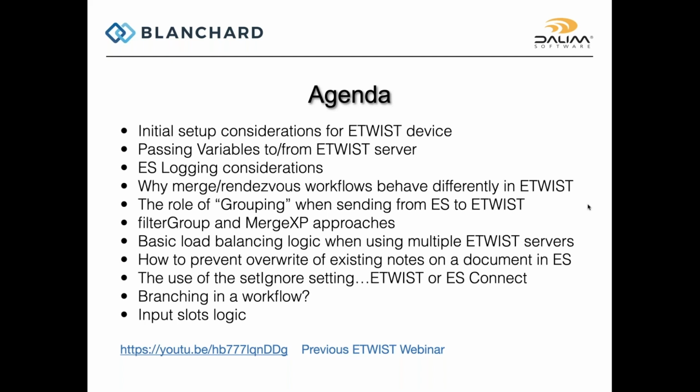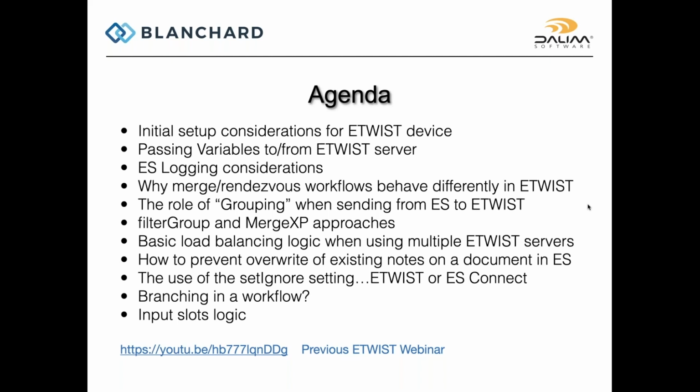For those who are familiar, ES Connect is really ES working with a traditional TWiST server. ETWiST is a TWiST server, but it's the same but different. And a lot of what we're going to talk about is how certain tools behave differently in ETWiST.